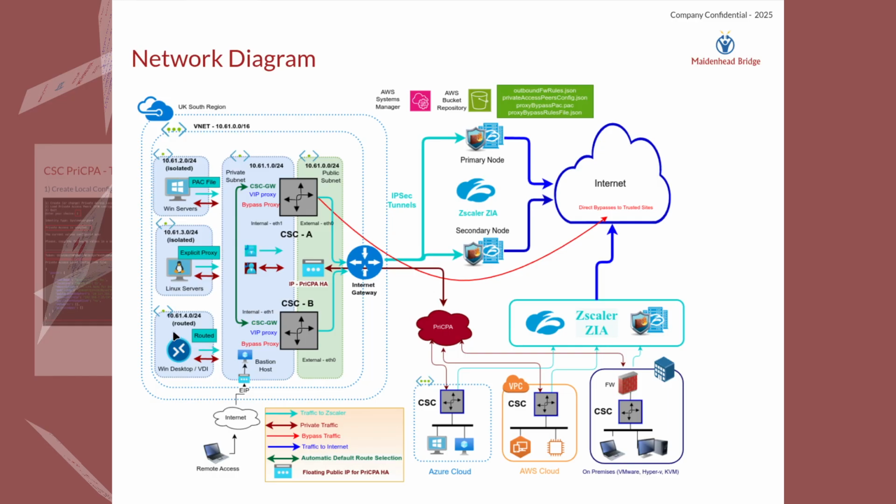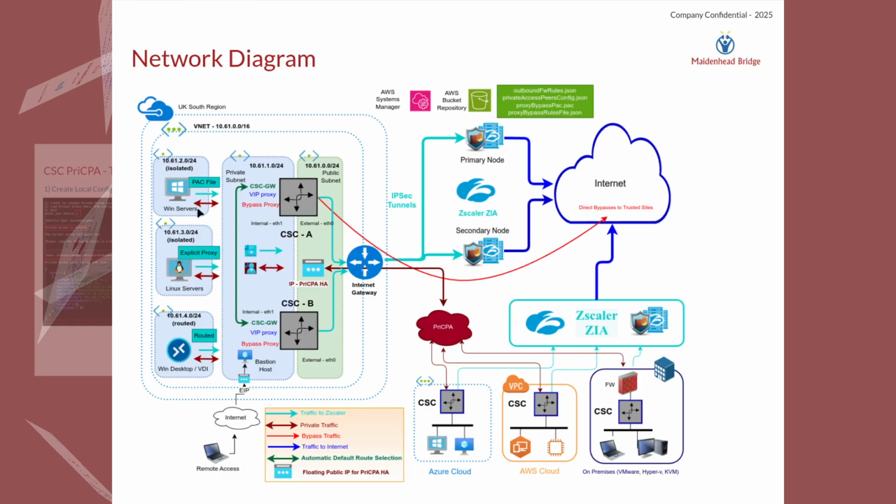Then this one is a subnet with virtual desktops, and it's a routed subnet. The default route is the cloud connector, and everything is routed. But for these servers, I don't want to put a default route to the internet. I want to keep them isolated. But I need access from my users to these servers and to this Linux box as well.